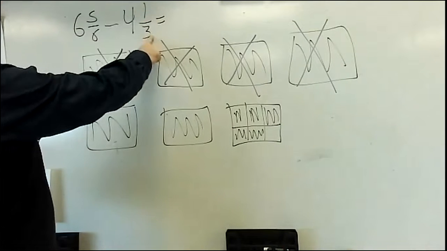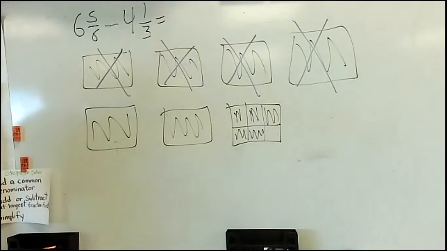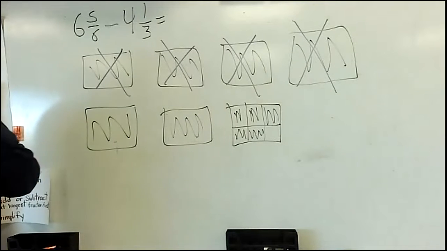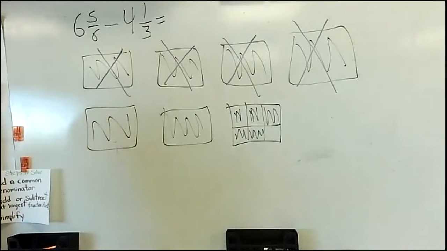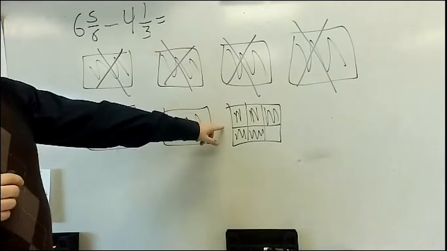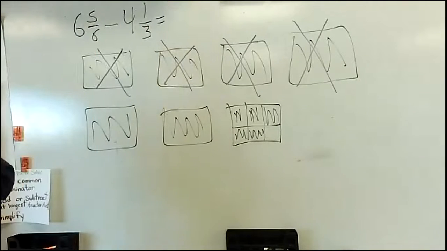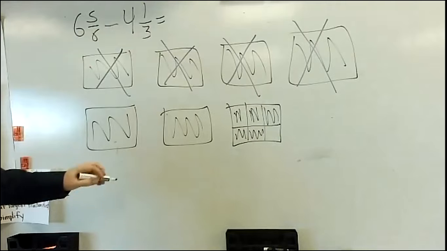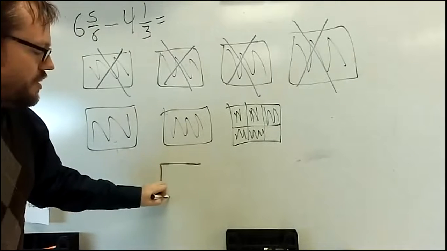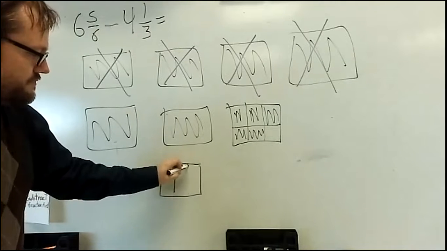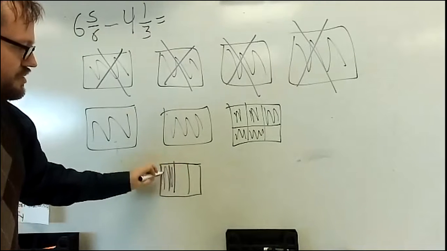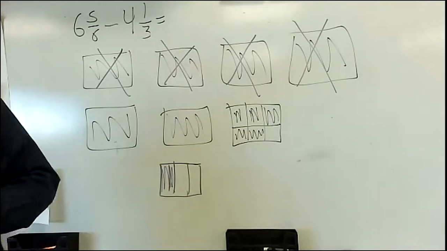Okay. But, you know, we got that issue. We have 1/3 that we need to take away. So this is kind of how I think about 1/3. If I need to take my 1/3 and turn it into sixths. So I'm just going to go ahead and real quick below here, just draw 1/3. So go ahead and draw 1/3.